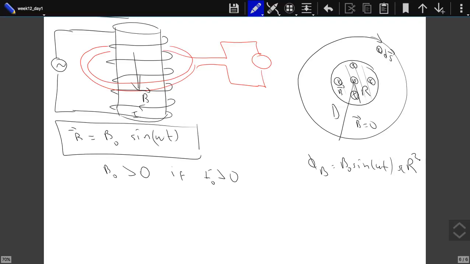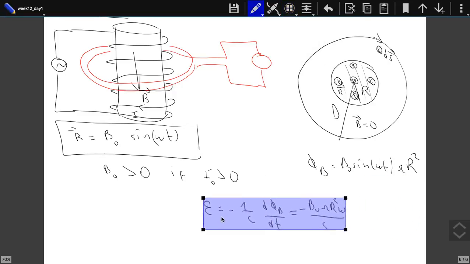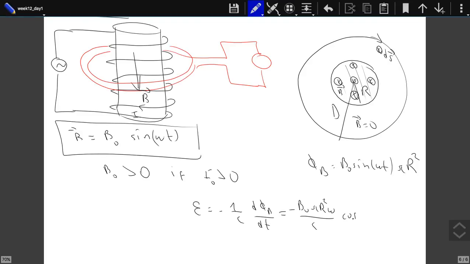This is our phi B. So epsilon is equal to minus 1 over c d phi b by dt. This will be equal to minus b0 pi r squared omega over c times cosine omega t. This is our induced EMF.